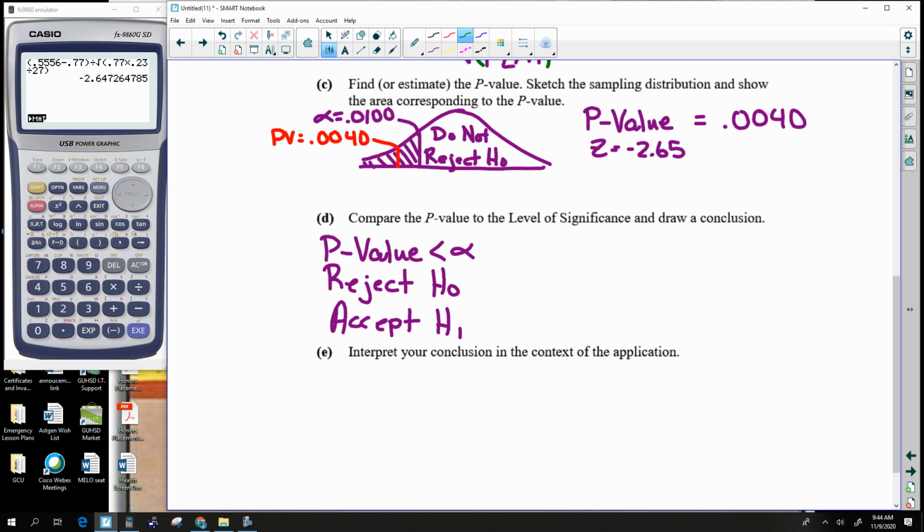All right, so reminding myself what this is. The H0 is that the probability is equal to 77%, and the alternate is that the probability is less than 77%. So we reject H0 and accept H1.